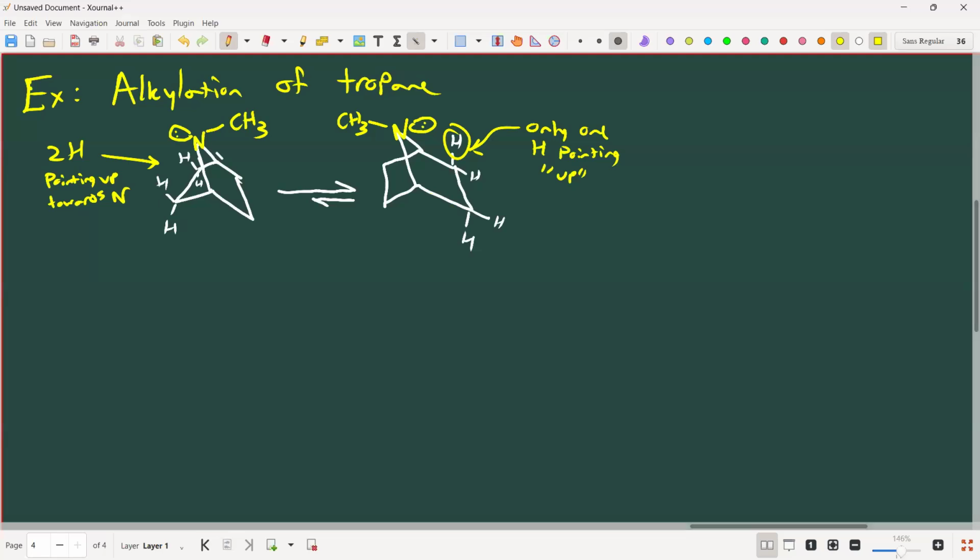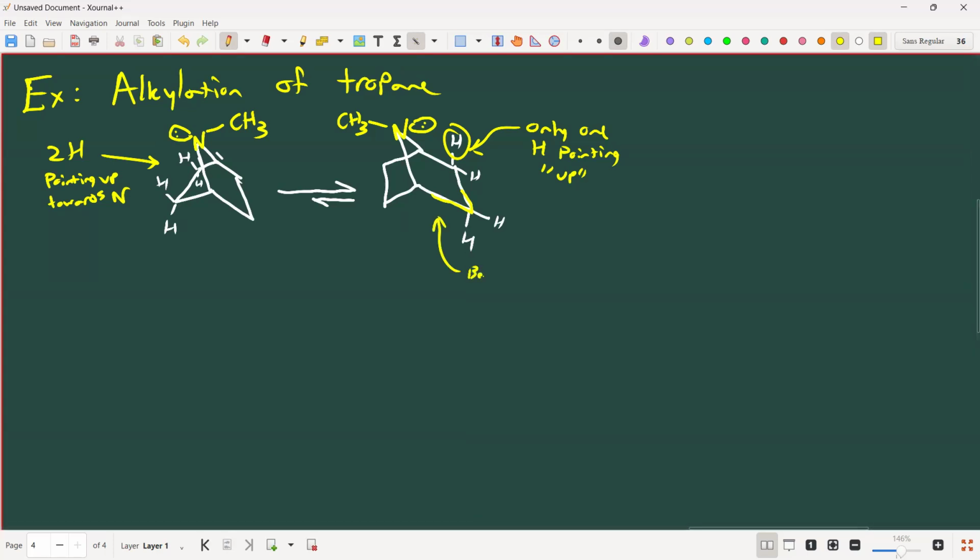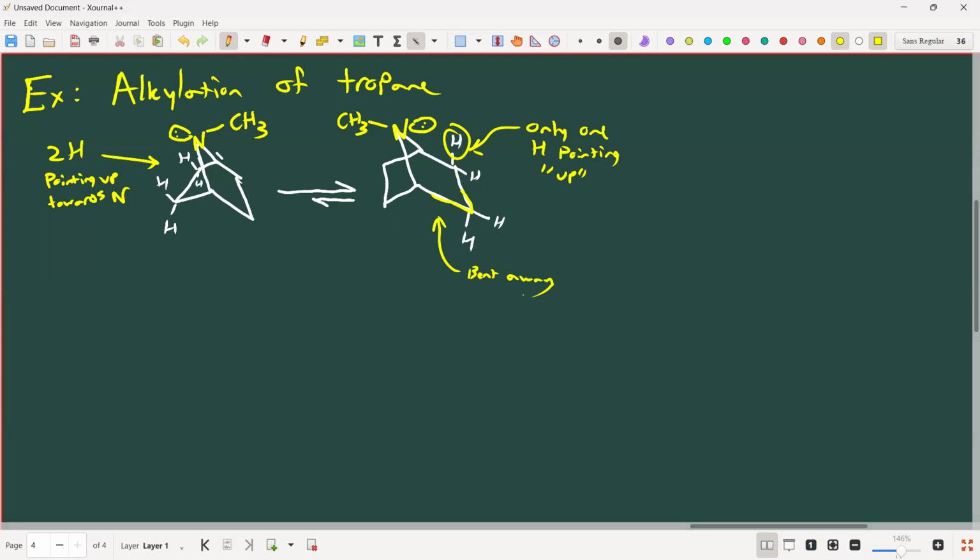Because this carbon right here that I've highlighted is kind of tilted downwards, bent away. So this has a lone pair that interacts with two hydrogens here, and this has a lone pair that only interacts with one.